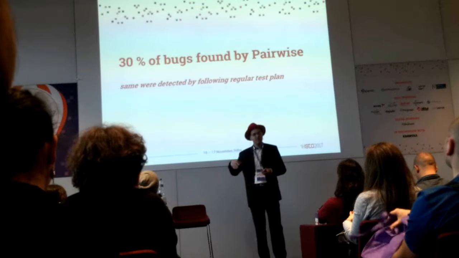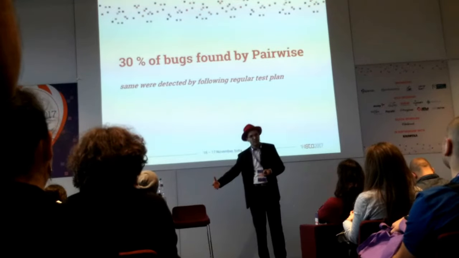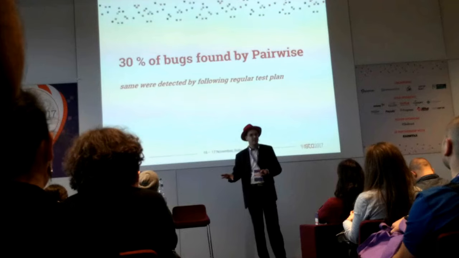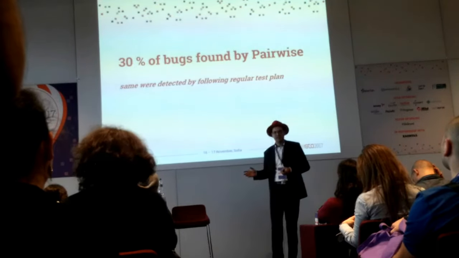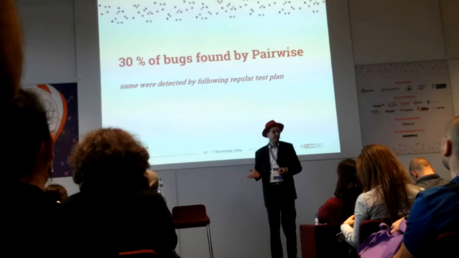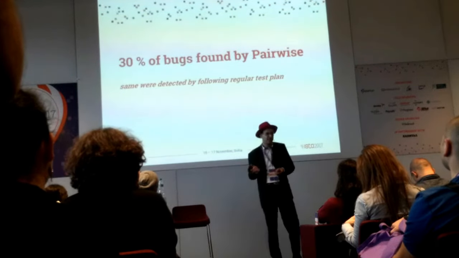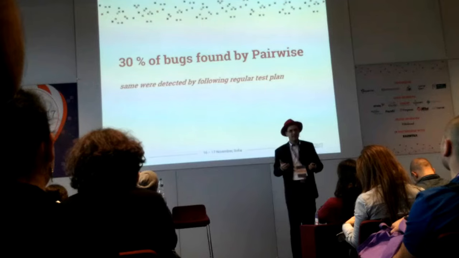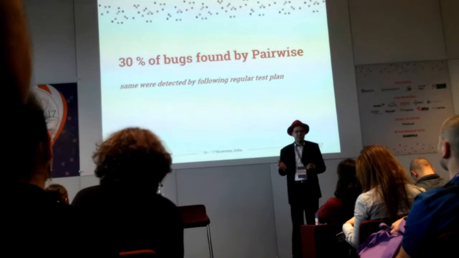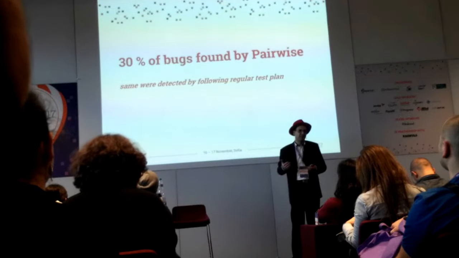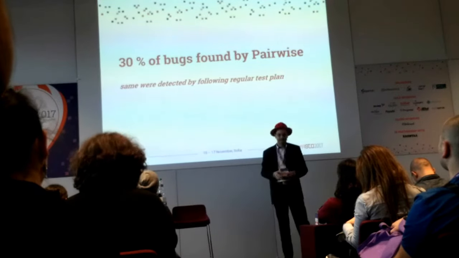So I have been doing 65% less testing, but still finding the same 30% of the defects that the rest of the team finds with a lot more work. Which for me proves that Pairwise is indeed effective at finding defects. If they exist, it's probably very easy to spot the defects even with a smaller amount of testing.